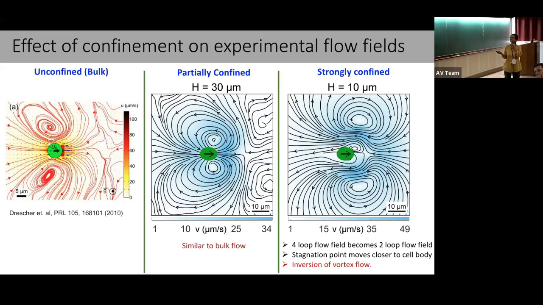But all I was trying to motivate is, how would you go from here to here? You will shrink these vortices, make them very close to the cell body, and then you move these vortices here. If you move these vortices here, they will look like that. The signs would look like that. Okay, ma'am. Thank you.